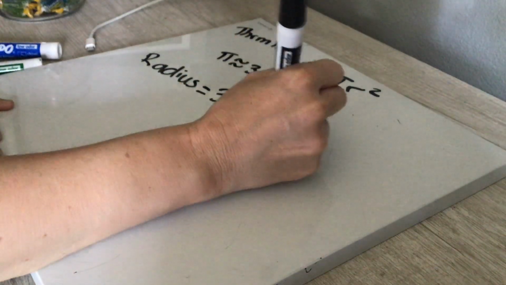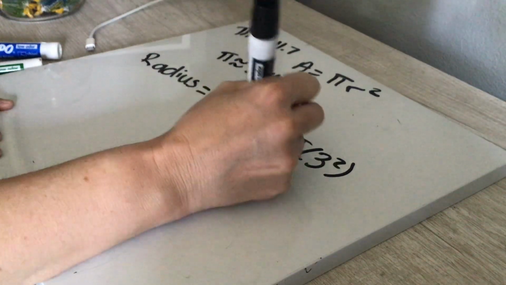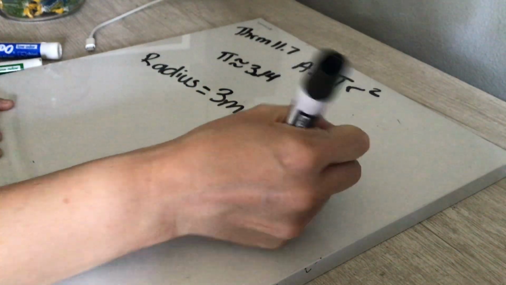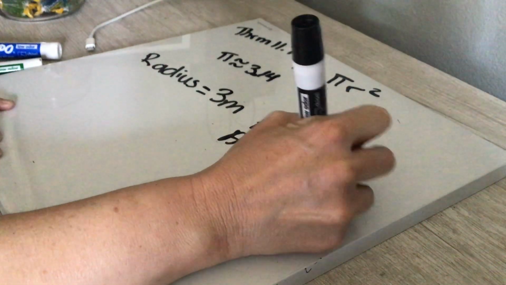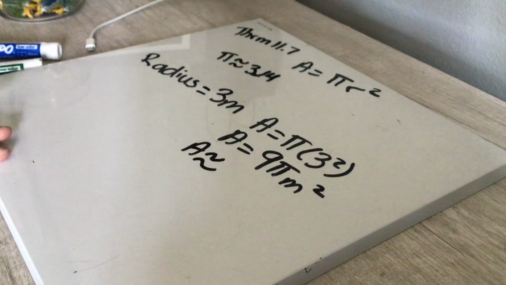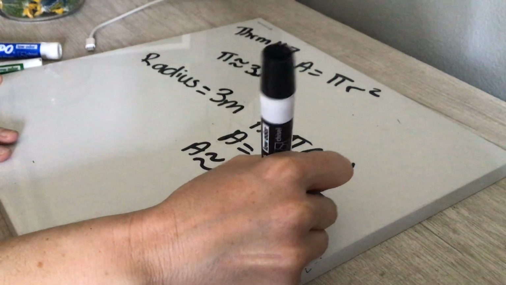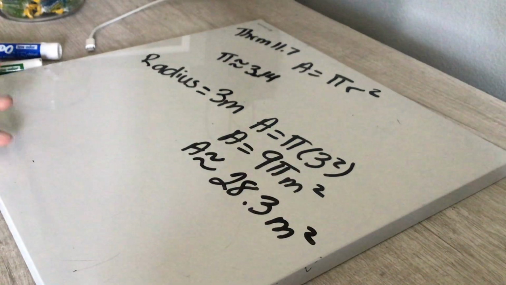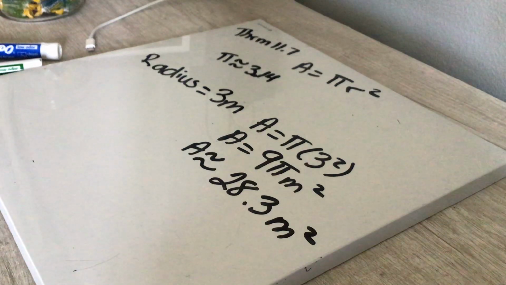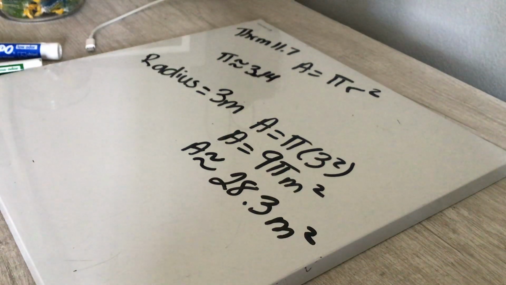Then the area is pi times 3 squared. 3 squared is 9. So we get 9 pi square meters. If you're looking for a decimal approximation, you would get 28.3 meters squared. Okay, so it's just a matter of taking that radius, squaring it, multiplying by 3.14, and that tells you the area of that circle.